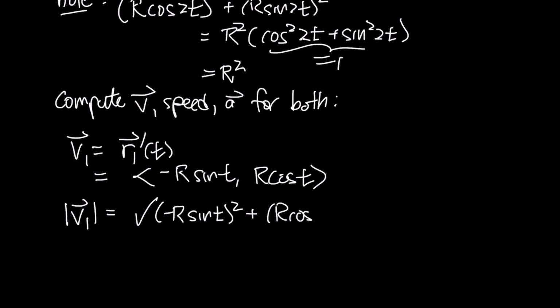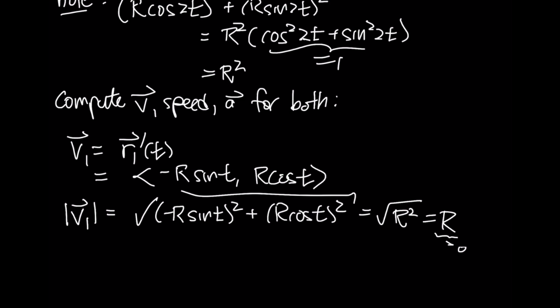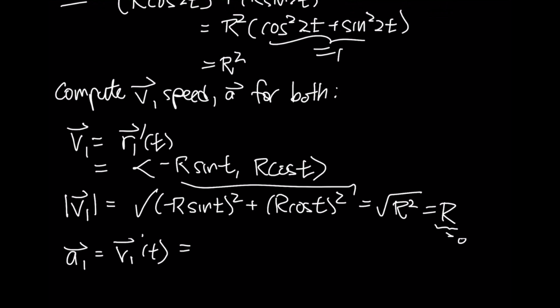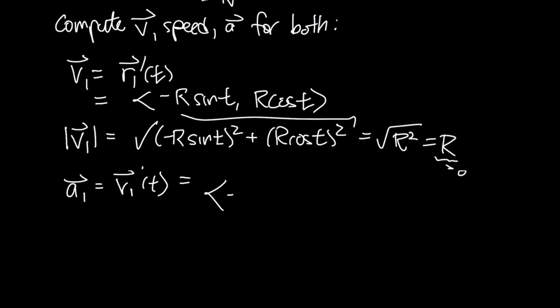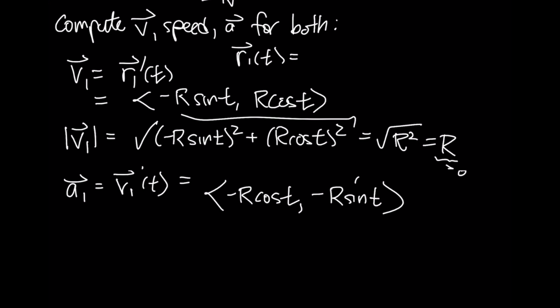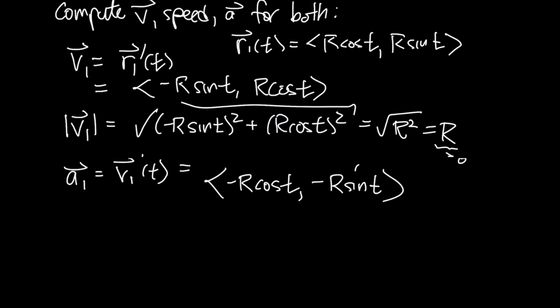This is going to end up giving me the square root of r squared, which is r, because r is assumed to be positive. And the acceleration is the derivative of the velocity. So if I differentiate the velocity function, I'd have negative r cos t, and then negative r sin t. r1 of t was this function, r cos t, r sin t.